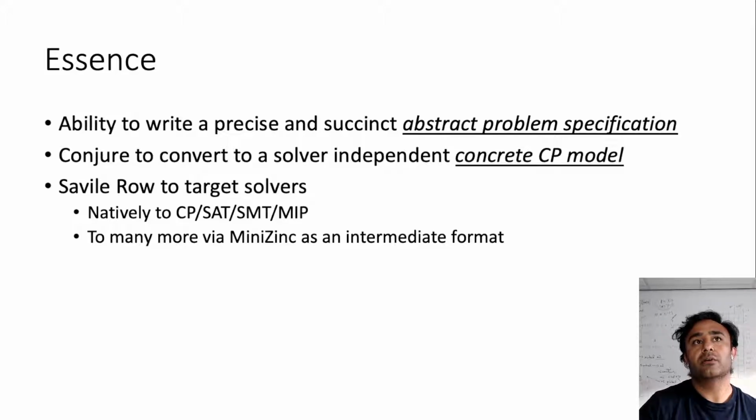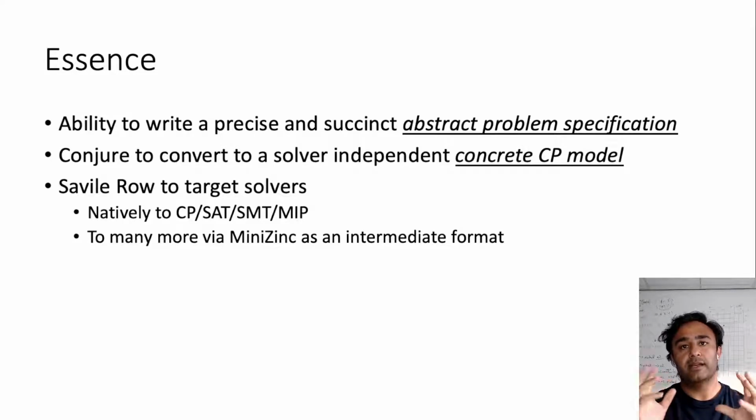Okay, so with all of those features, Essence gives us the ability to write precise and short, succinct abstract problem specifications. These problem specifications are then converted to solver-independent but concrete CP models. So a bunch of decisions are made at this point. We start from a high-level problem specification, hopefully delaying a bunch of modeling decisions from the user.